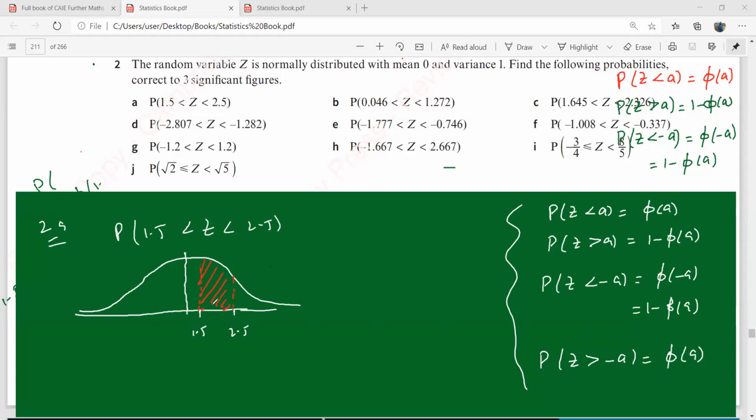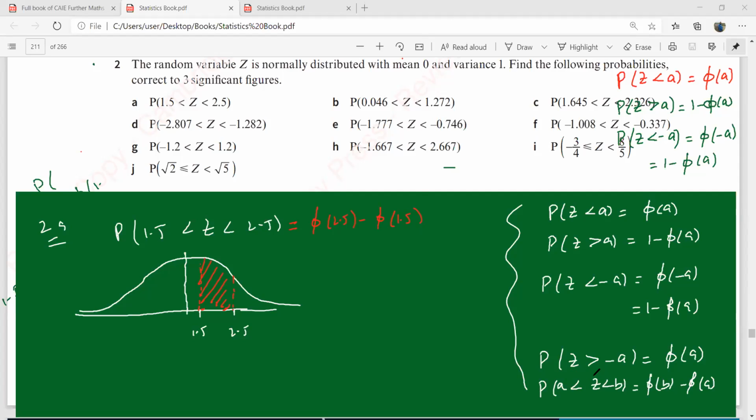As you have done in your integration, the upper limit minus lower limit, you can simply say that this is going to be phi of 2.5 minus phi of 1.5. Yes or no? Please tell me if you need some more explanation of this. If it is between a and b, this is phi of b minus phi of a.